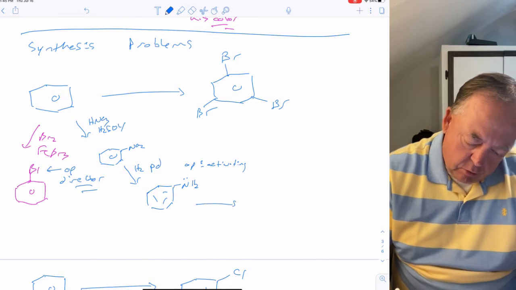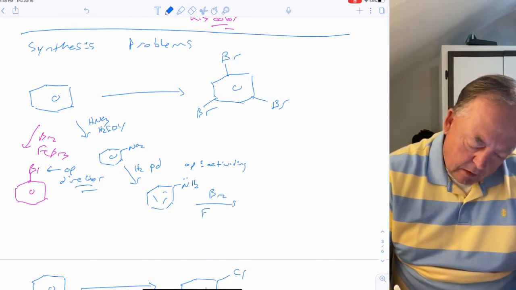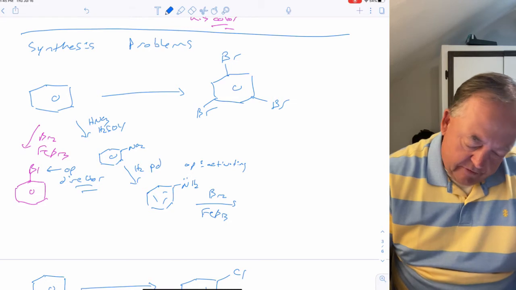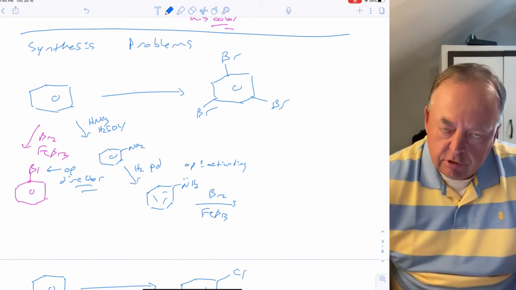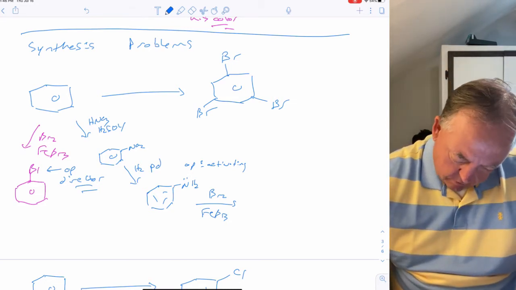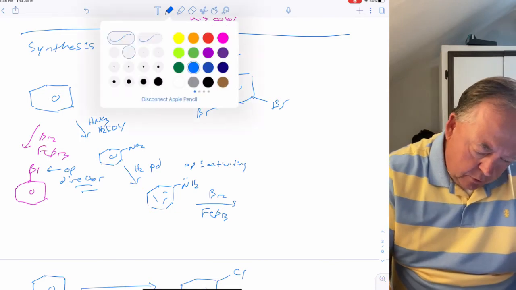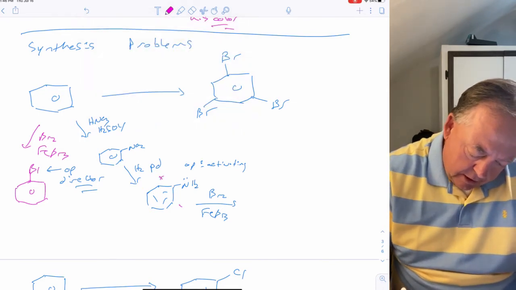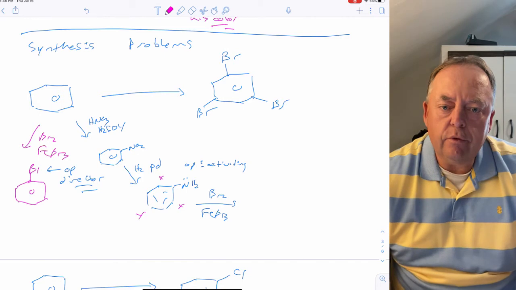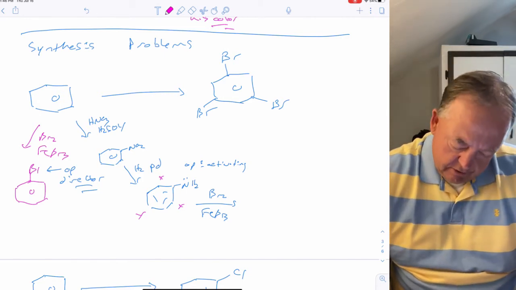So now we can do the bromination. Probably wouldn't even need the catalyst because NH2 is such an activating group. So it's an OP director, so that wants to put the bromine here, here, and here. 1, 3, 5 with respect to each other, which is what you want.